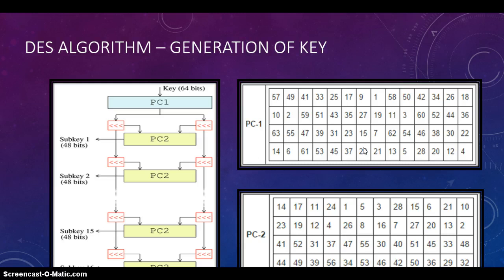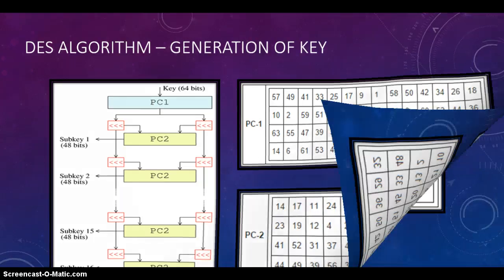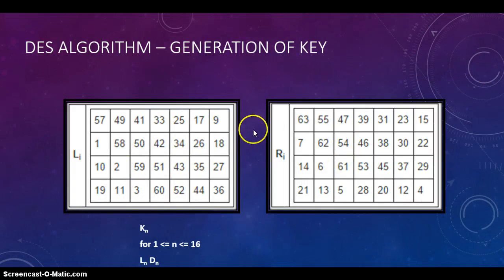The second step is to split the permuted key into two halves that we are going to call the left and right halves. The third step is that we are going to form a first pair, L0, R0. In this case, this will be our first pair L0, R0.